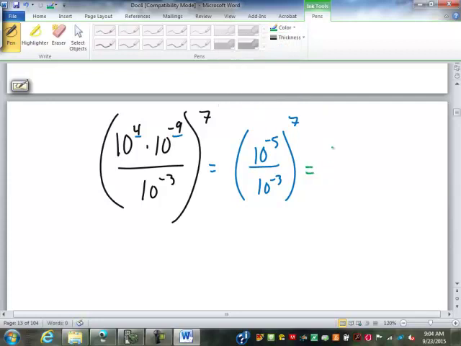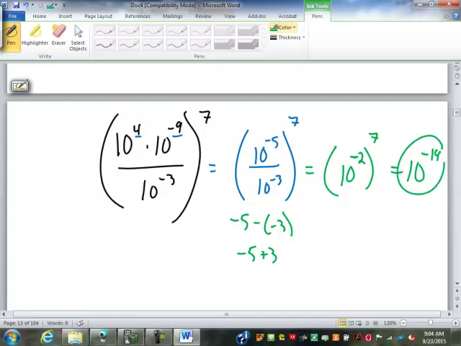Then we can divide. 10 to the negative 5th divided by 10 to the negative 3. That'll be negative 5 minus a negative 3, or negative 5 plus 3, which is negative 2. Then to the power of 7, negative 14.